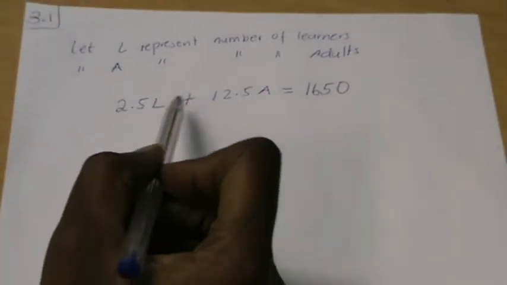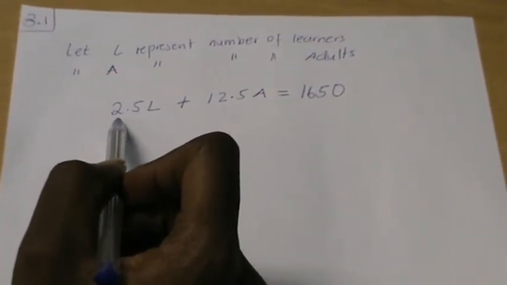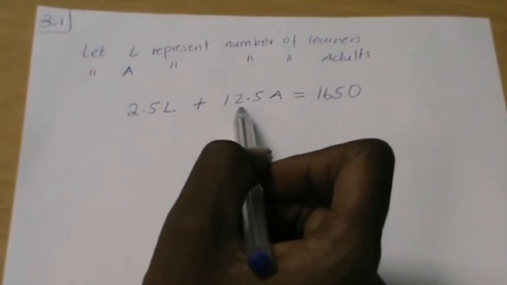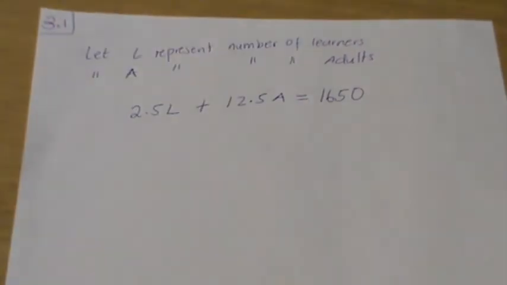I multiply the number of learners by the amount the learners pay, and the number of adults by the amount the adults pay, and when I add everything together, it should give me $16.50.